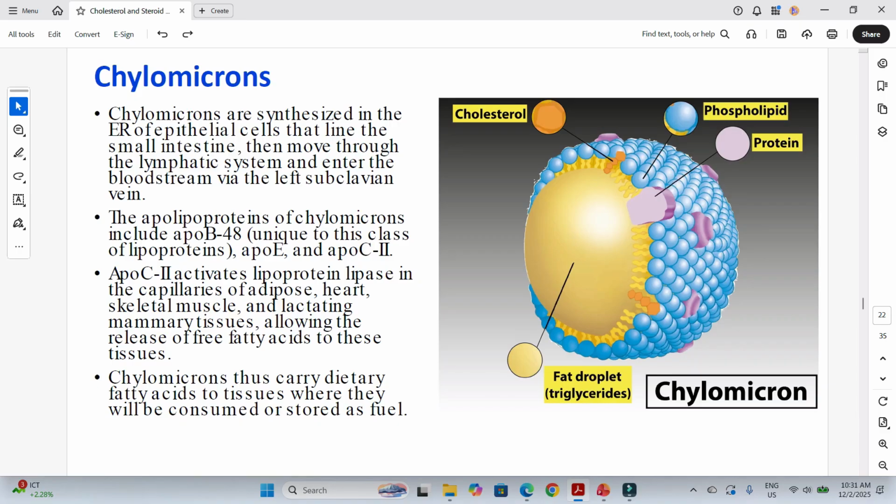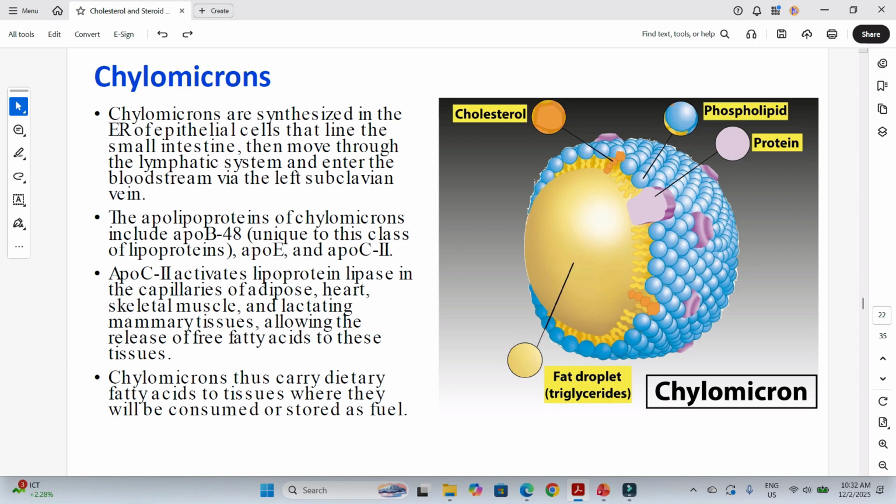Okay, so let's talk about the chylomicrons. The chylomicrons are synthesized in the endoplasmic reticulum of epithelial cells that line the small intestine. So the origin of the chylomicrons then is intestinal mucosa, right? I mean intestine. So then move through the lymphatic system and enter the bloodstream.